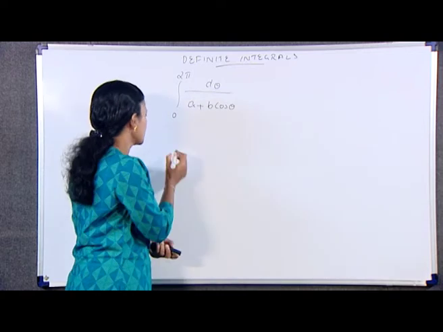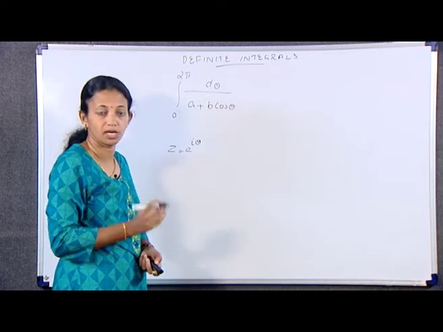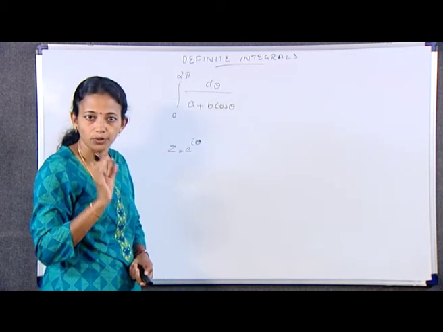First you put z = e^(iθ), where θ lies between 0 and 2π.